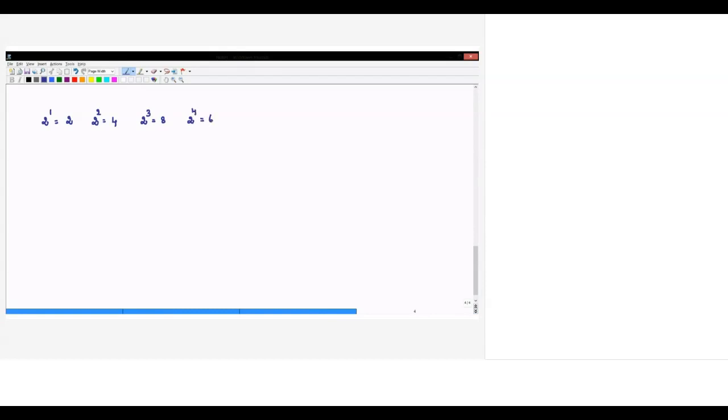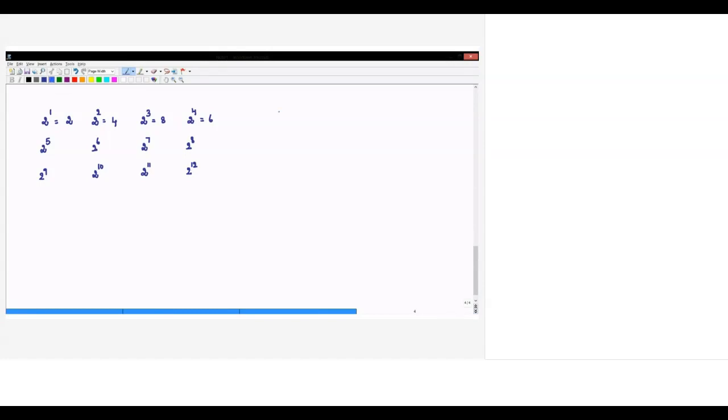Again 2 power 5 you're going to get 2 only. 2 power 6, 2 power 7, 2 power 8, 2 power 9, 2 power 10, 2 power 11, 2 power 12. So if the power is a multiple of 4, then it ends with 6 only. This one ends with 6, this also ends with 6, this also ends with 6. It goes on like that.